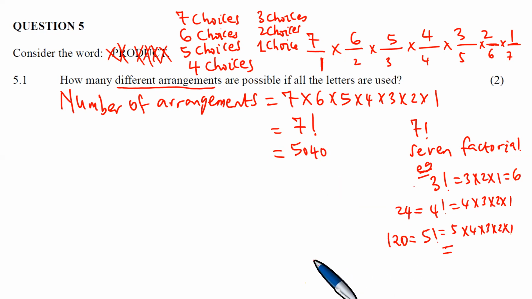In which case, 7 factorial is the same as 7 times 6 times 5 times 4 times 3 times 2 times 1, which is 5040. Okay, so we have exactly that there.